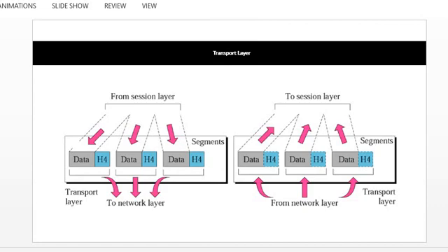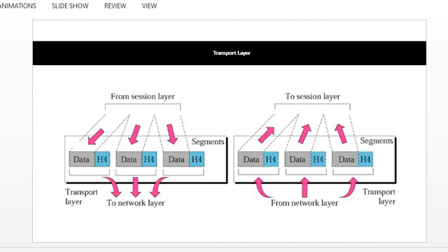So let's say I send a message 1, 2, 3, 4, 5. That message is supposed to arrive as 1, 2, 3, 4, 5. But the network layer will treat 1 as a separate packet, probably send it first, then it sends 5, then it sends 3. It doesn't mind if the message arrives as 4321, but the transport layer is concerned that the message arrives as it was sent.